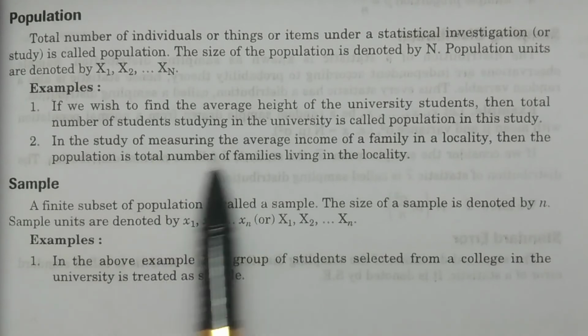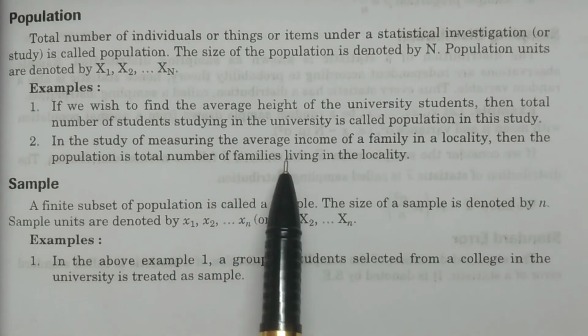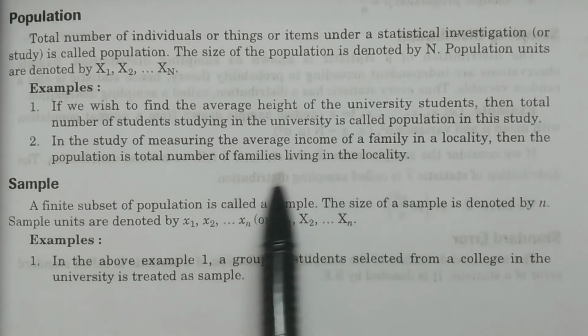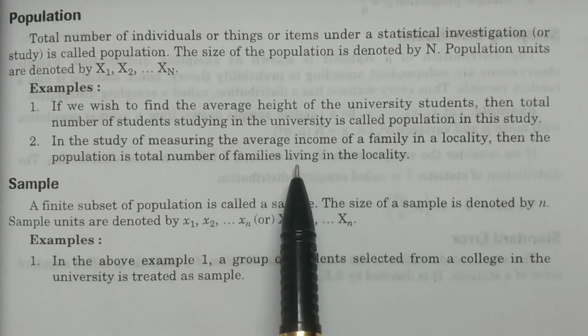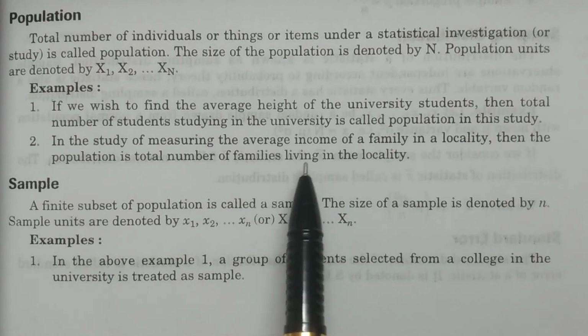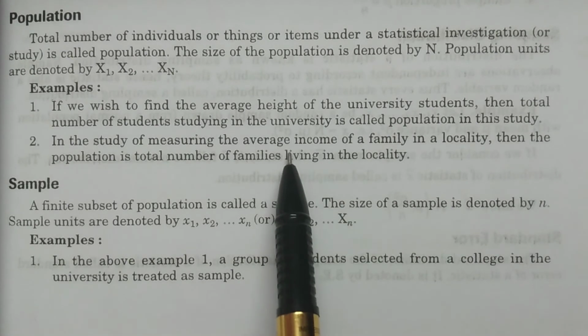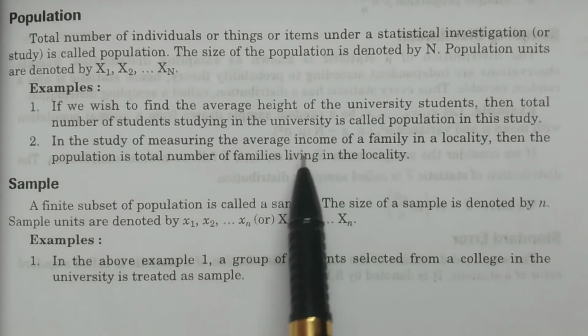Similarly, we come to the next example. In the second example, we have considered all the families living in a locality. In this example, for instance, 1000 families are living in the entire locality, which is the population.